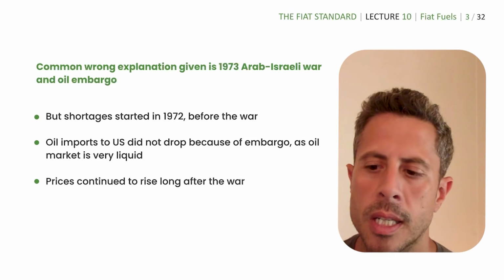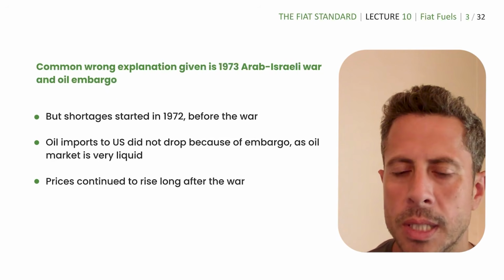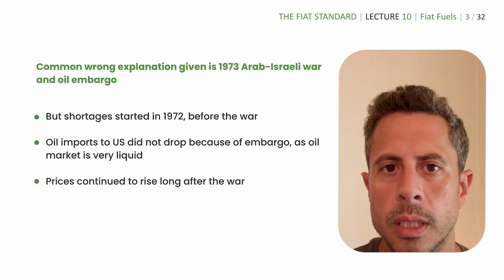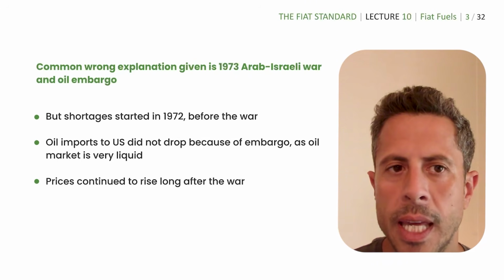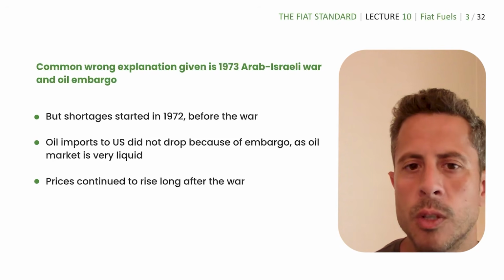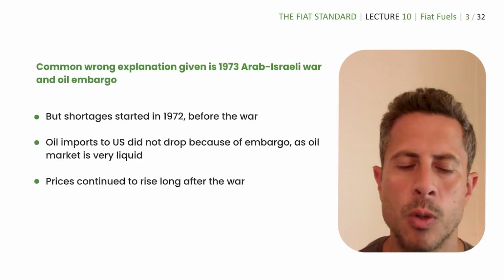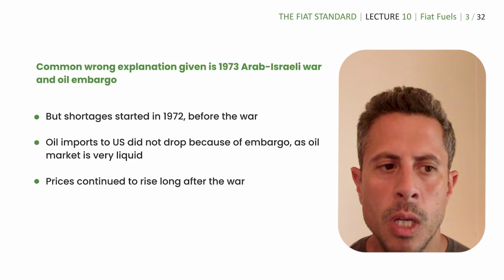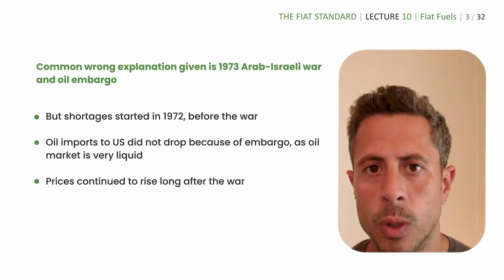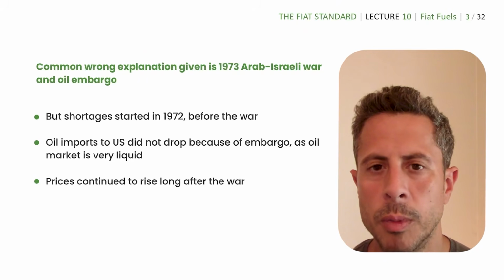And this is the thing that people miss, that if one producer of oil decides to boycott one consumer of oil, they can't stop that consumer of oil from buying oil from any of the many other producers of oil. So there are many other countries, many companies all over the world that are producing oil. And so the embargo did not starve the US of oil because they could just buy their oil from other places.